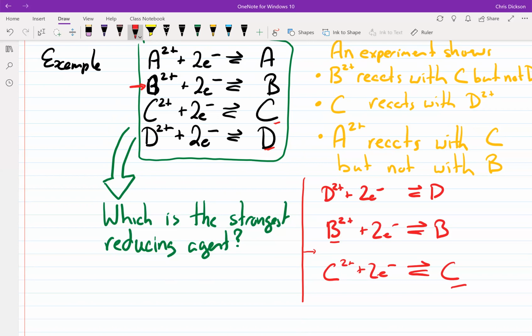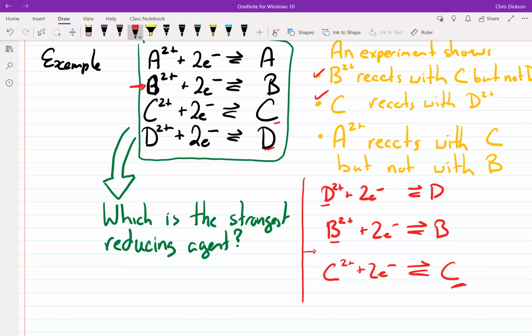So B2+ will not react with D because that's step up, but B2+ would react with C. So far the first things are making sense. The second bullet says that C will react with D2+. According to the first bit of information, that already makes sense because D2+ is higher than C, so they should react. So I've dealt with both those criteria.